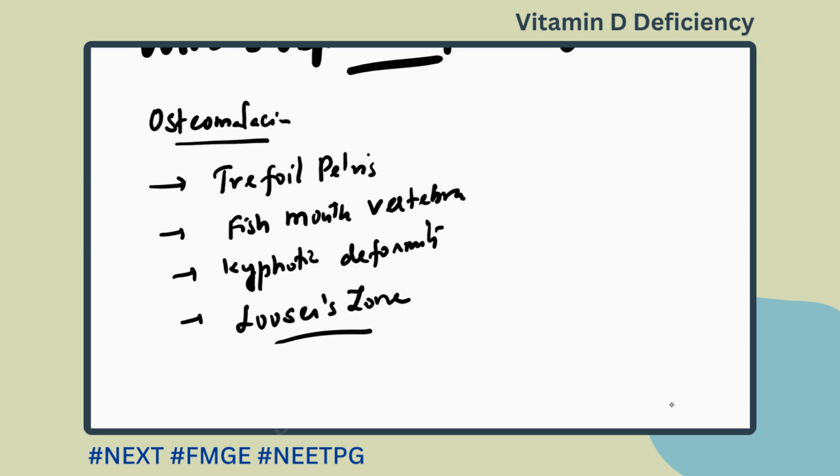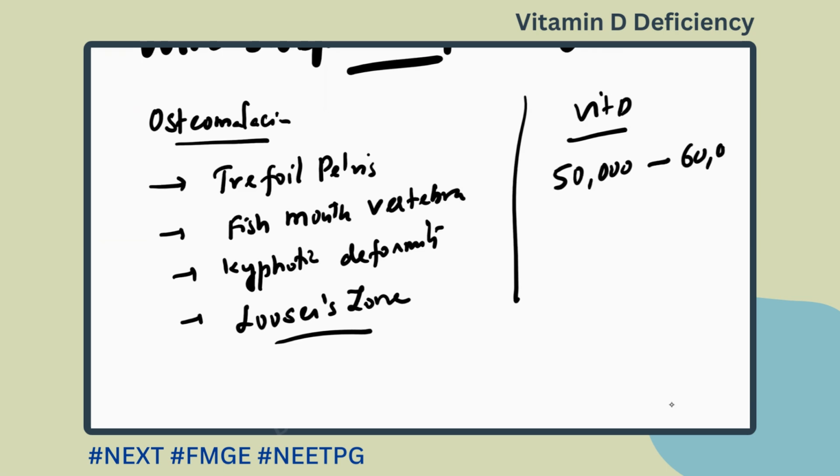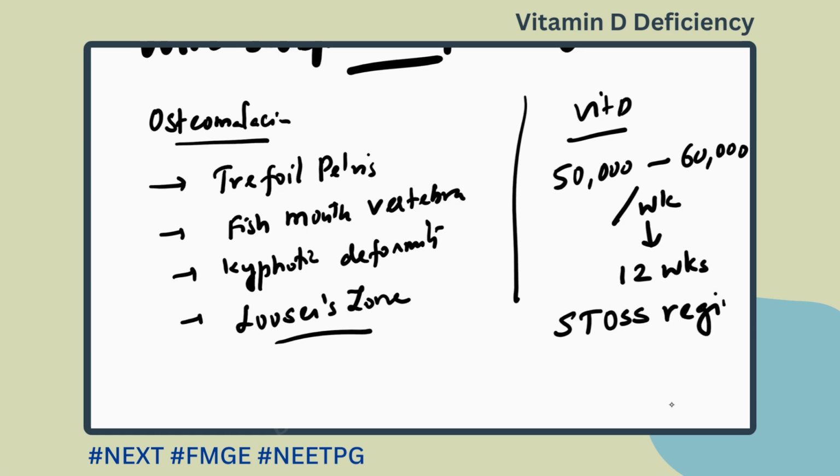So in vitamin D deficiency, the treatment is very simple. If you find out that the patient is suffering from vitamin D deficiency, you treat him with vitamin D. You give 50,000 to 60,000 international units of vitamin D per week for 12 weeks, and this regimen is called the STOSS regimen.